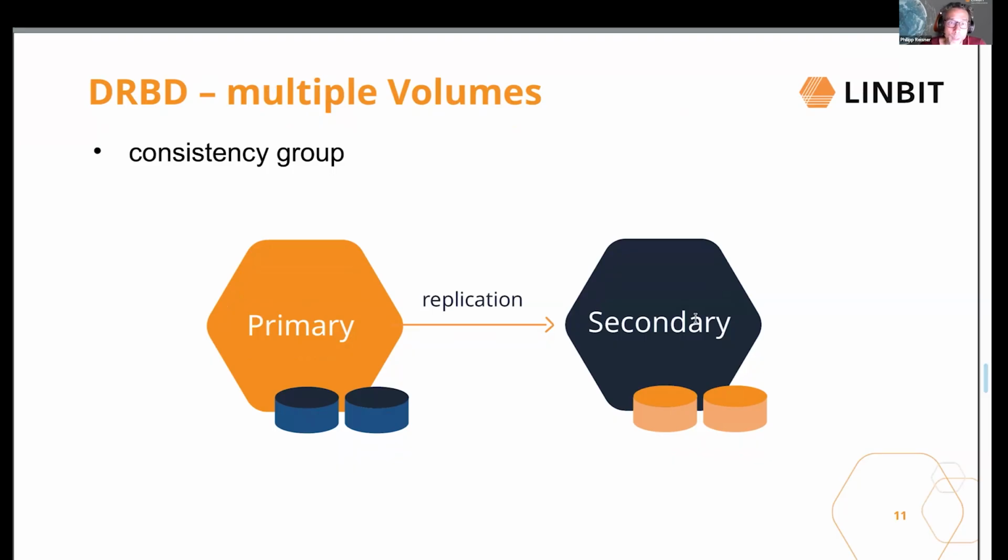The system is also capable of replicating multiple volumes within a single logical replication stream. That's so-called consistency groups. That's useful if you have physical storage of different properties and an application spanning at least two of those storage types.